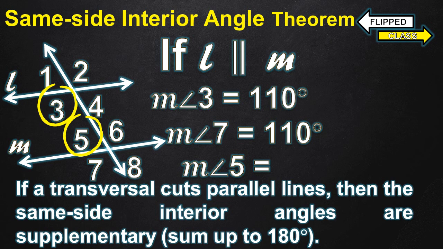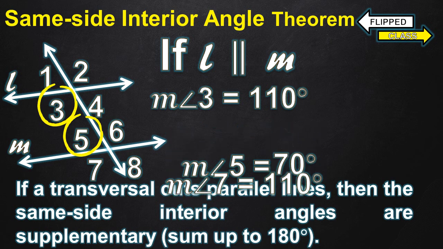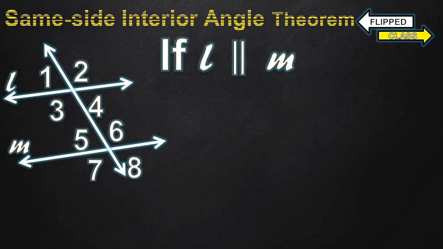They are forming a linear pair, and therefore they must be supplementary, and the measurement of angle 5 must be 70 degrees. Look at angle 3 and angle 5. If you're going to add up their measurements, they add up to 180 degrees. Again, this only works for parallel lines. Therefore, they are supplementary.